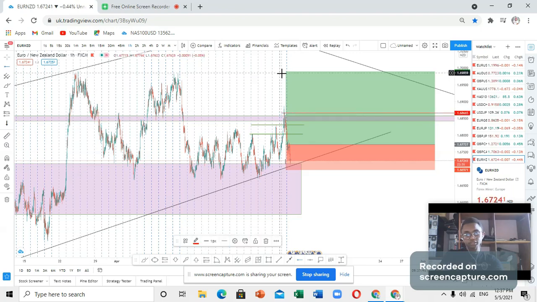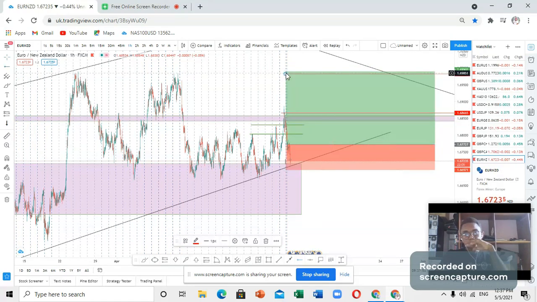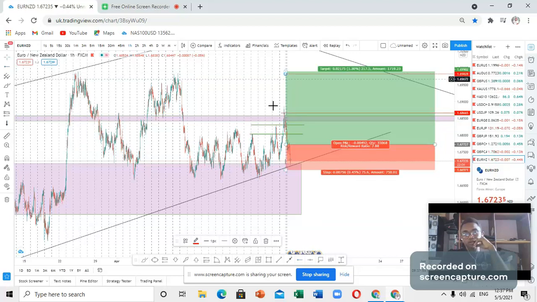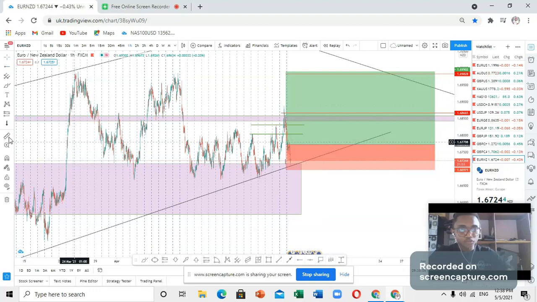So there are some of you that were asking me how you are able to know how much money you are risking. Remember, we look at the number of pips that you are aiming to gain against the number of pips that you may lose. So I'll just take this measuring rule.